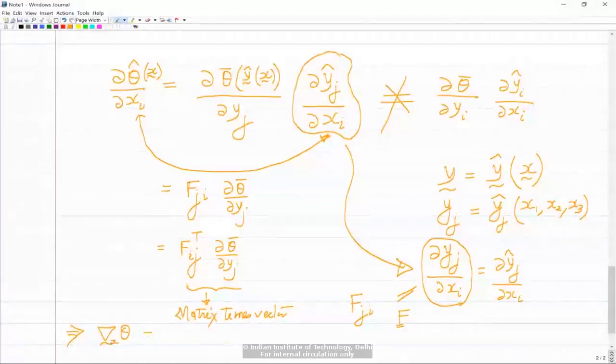Okay, and that's equal to the deformation gradient tensor transpose multiplied by the Eulerian gradient of temperature. So this is how you can relate Lagrangian and Eulerian gradients.